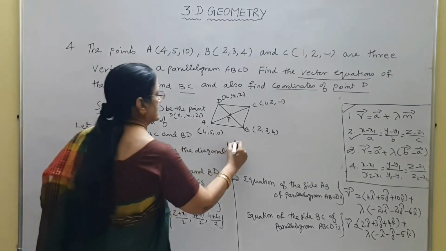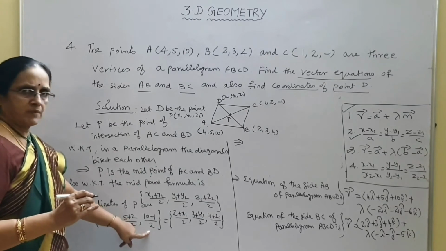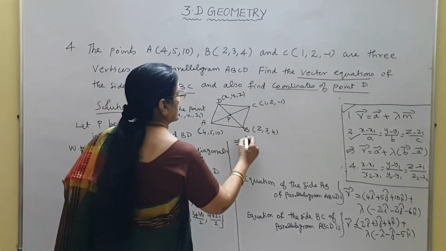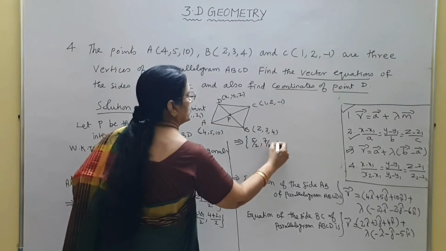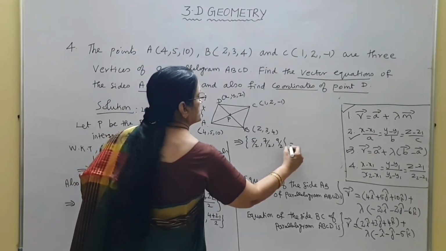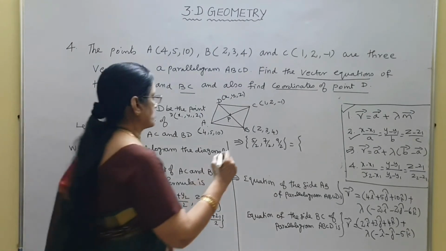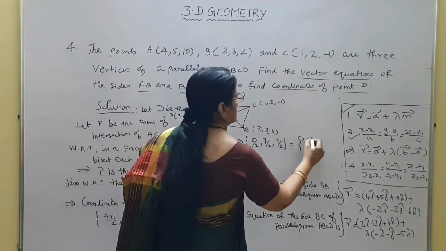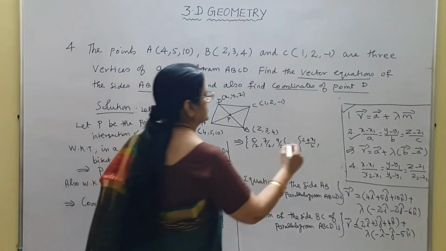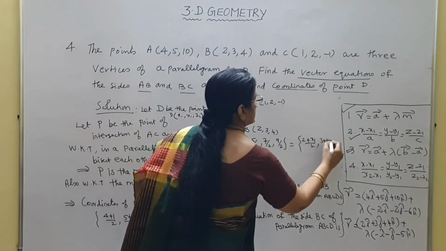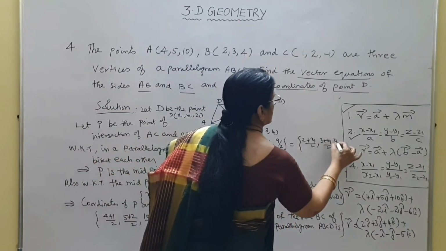This implies 5 by 2, 7 by 2, 9 by 2 should be equal to (2 plus x1) by 2, (3 plus y1) by 2, (4 plus z1) by 2.